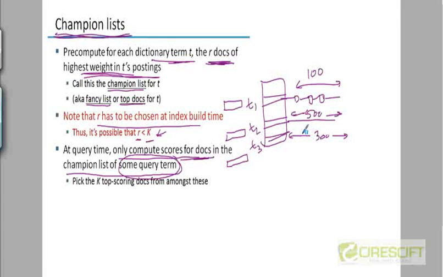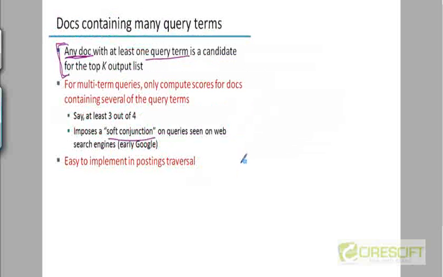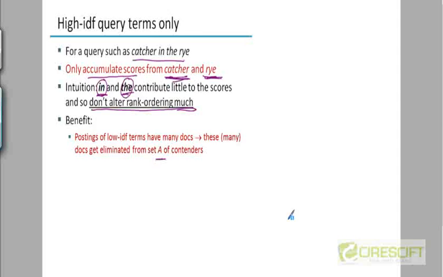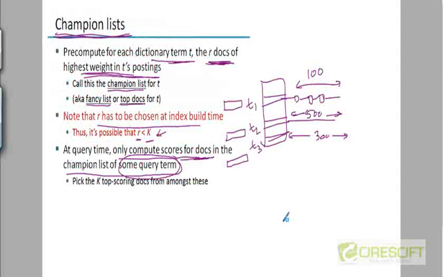If a document is not marked as champion in any of the three lists, we're just going to ignore it and move on further in the walkthrough. So the cosine score computation is being done on a smaller set, not on all of the documents that appear in the three postings lists, but only for a subset of them which are marked as champion. And once the scores are computed for those documents, then we pick the top k of them.